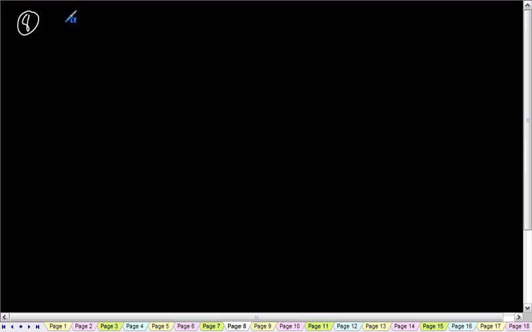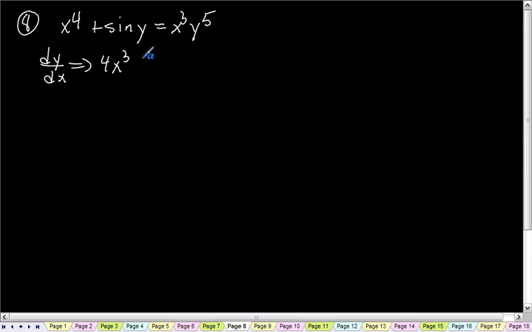More trigonometric functions, but still implicit differentiation. x to the fourth plus sine y is equal to x to the third y to the fifth. Again, because they're distributed through the problem, we take it piecemeal. x to the fourth becomes 4x to the third, plus the derivative of sine y is cosine of y times the derivative of y, using the chain rule.